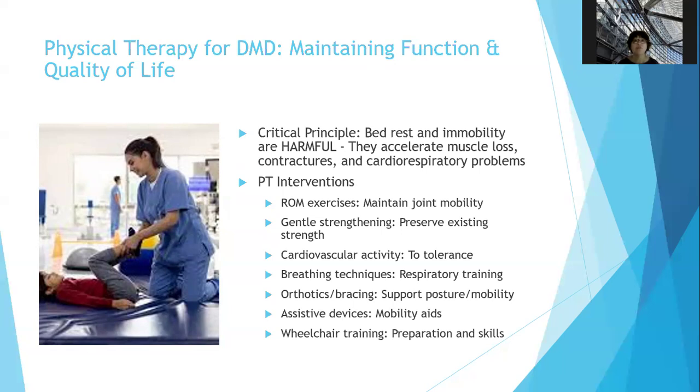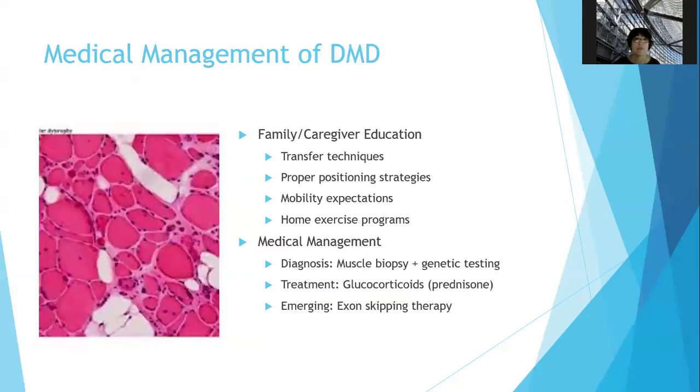So we're working on range of motion exercises to maintain joint mobility, gentle strengthening to preserve existing strength, cardiovascular activity to the patient's tolerance, respiratory training, orthotics and bracing to support posture and mobility, assistive devices, and wheelchair training, preparation for the future and wheelchair skills. So we're really going to try to improve function and quality of life as much as we can.